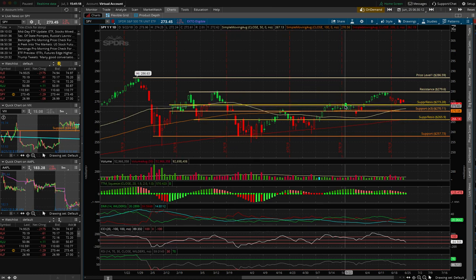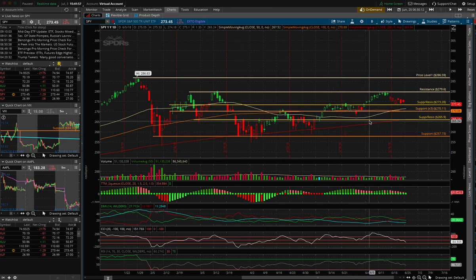So we now know if 273.28 breaks, then it's more likely that 270.11 is going to hold, judging from our past price action. We know that 273.28 doesn't like to hold support, it likes to hold resistance. And 270.11 doesn't like to hold resistance, but it likes to hold support.